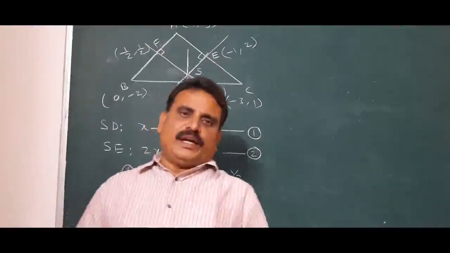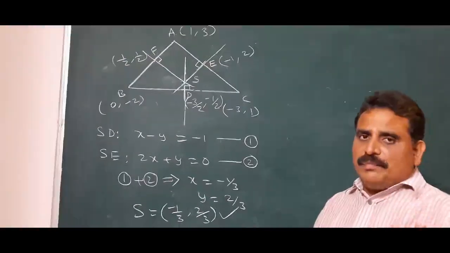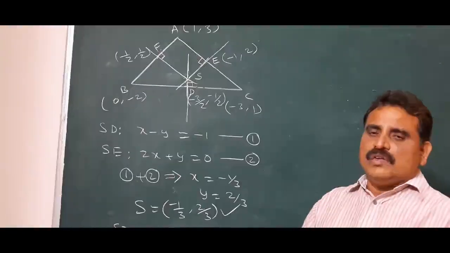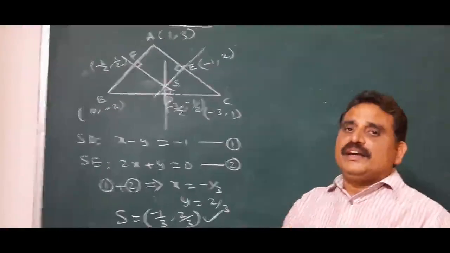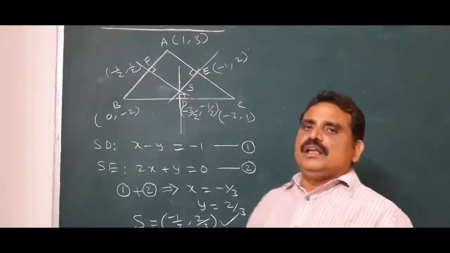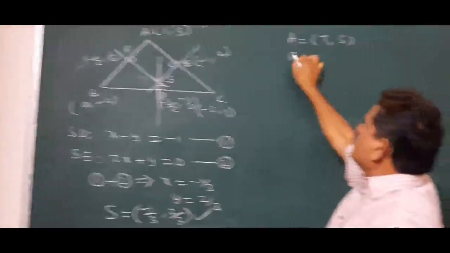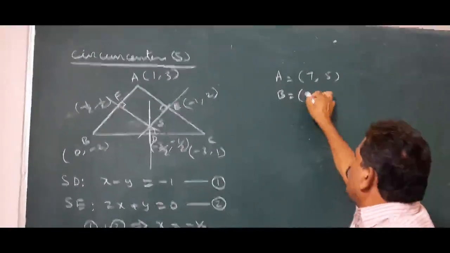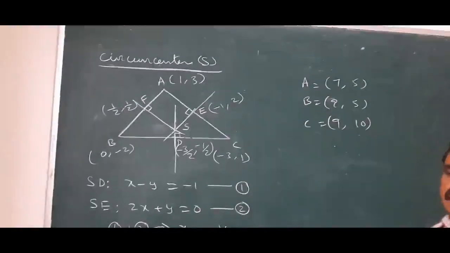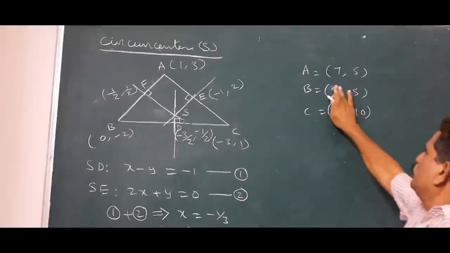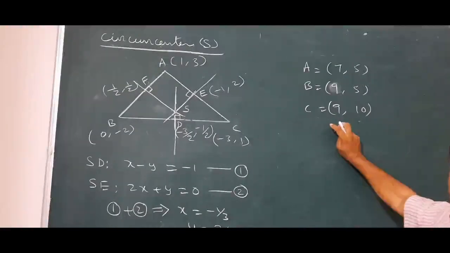Sometimes, my dear students, if A, B, C, the 3 vertices are given, we can easily find the orthocenter and circumcenter. In case of a right angle triangle, how to identify that the triangle is a right angle triangle? Look, my dear friends, A is 7, 5, for example, B equals 9, 5, C equals 9, 10.